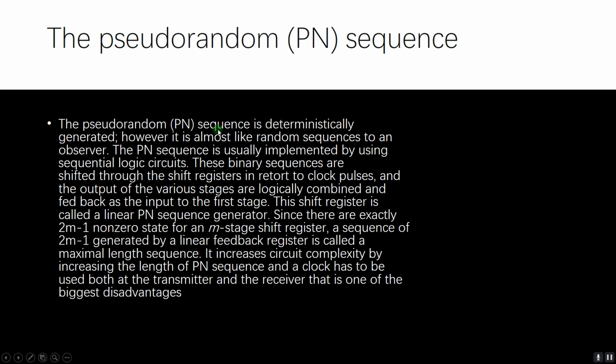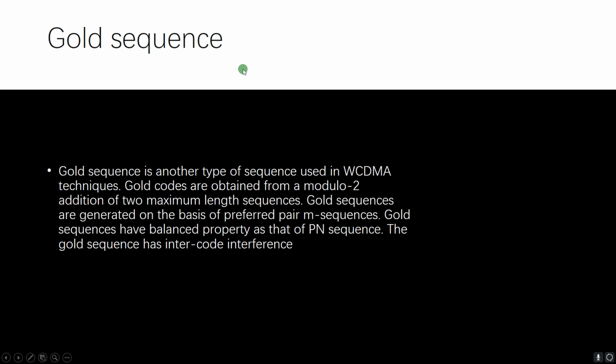As we all know, a PN sequence is deterministically generated, but it has some randomness, so it's almost like a random sequence. Gold sequences are obtained from a modulo 2 addition of maximum length sequences.